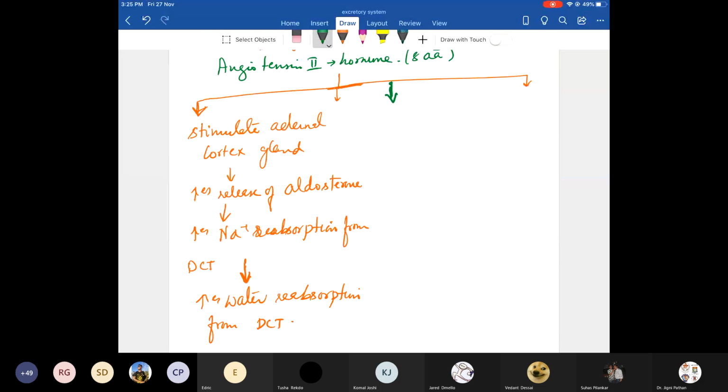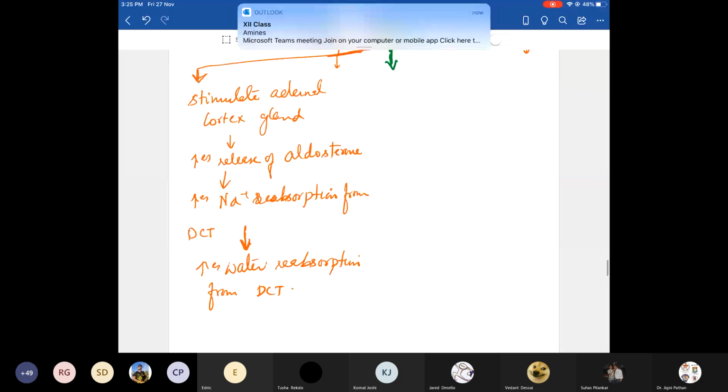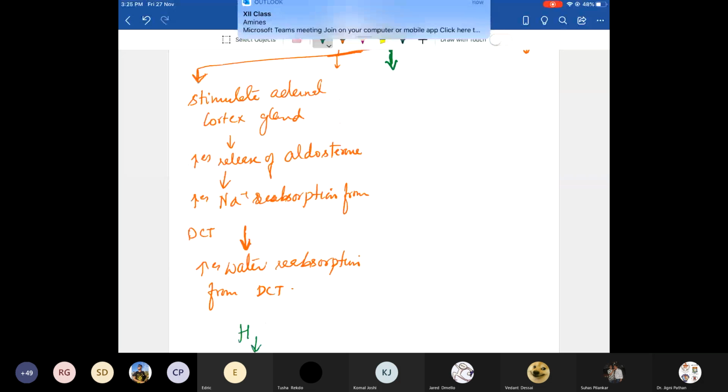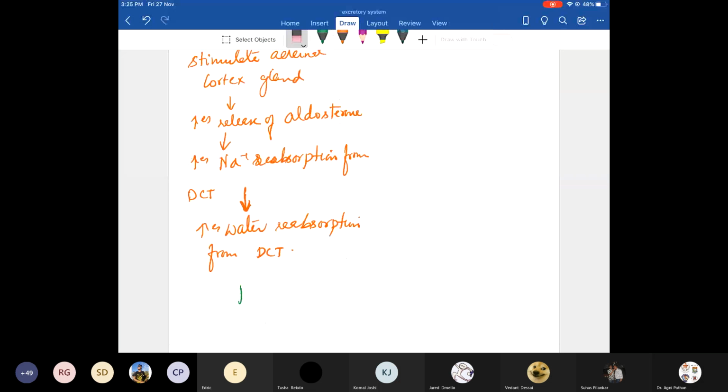When the water is reabsorbed, what is the result? Formation of hypertonic urine. When sodium is reabsorbed, there is a reabsorption of water, and that leads to formation of hypertonic urine. That is the aim of the RAS, to form hypertonic urine.